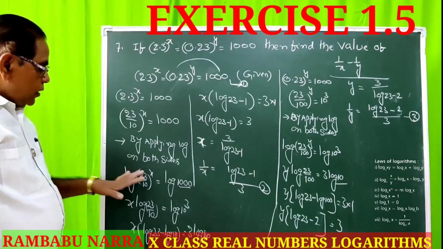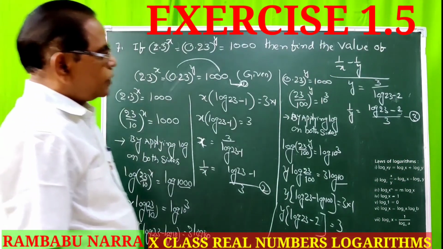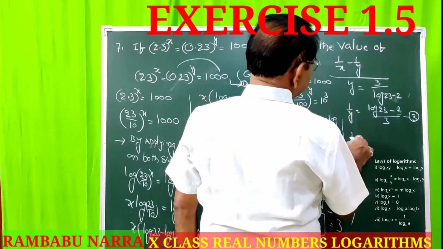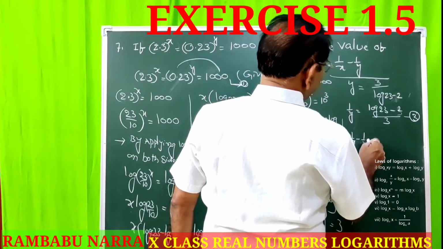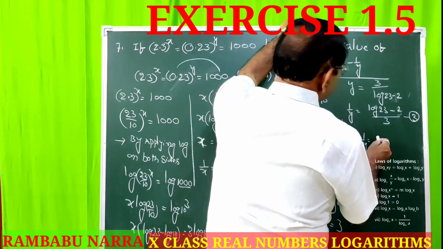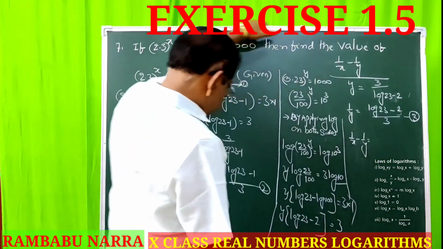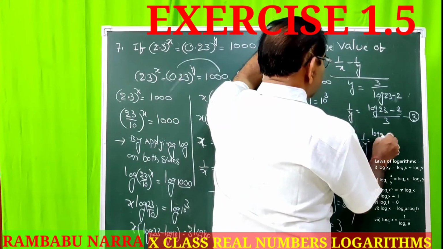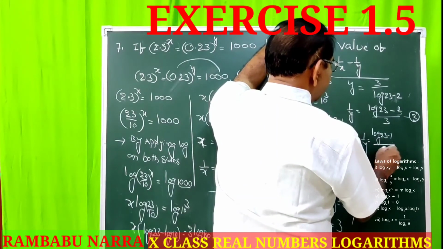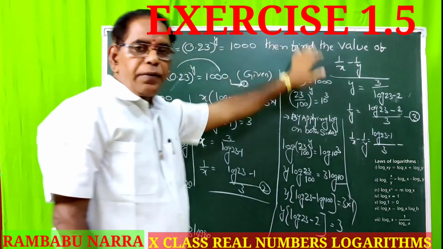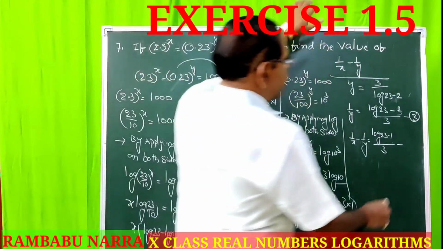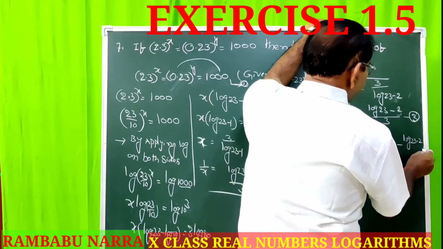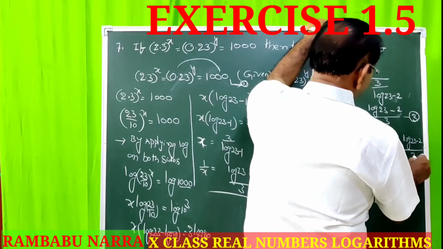Now you can take equation number 2 and 3. 1 by x minus 1 by y equals (log 23 minus 1) by 3 minus 1 by y. The value of 1 by y is (log 23 minus 2) by 3.